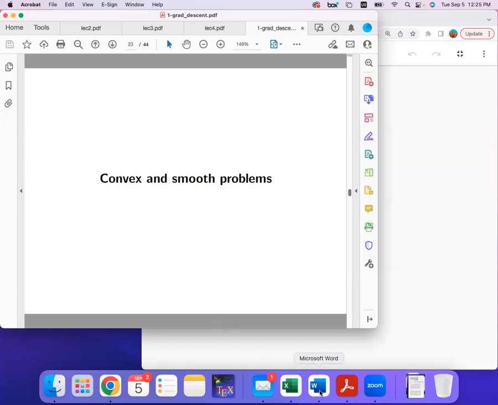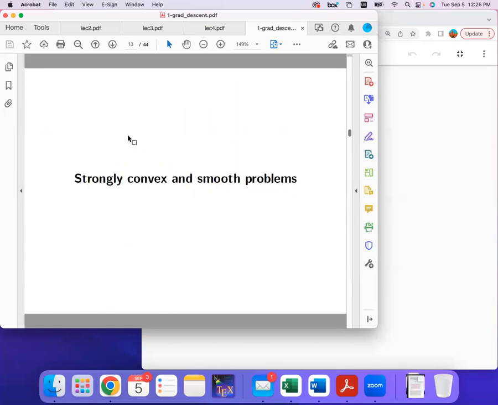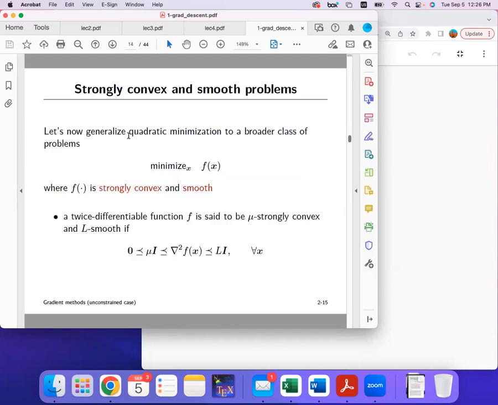Okay. Recording started. So today let's continue the discussion on convex and smooth problems. The last time we talked about how to solve the strongly convex and smooth problems using gradient descent and the convergence guarantee.